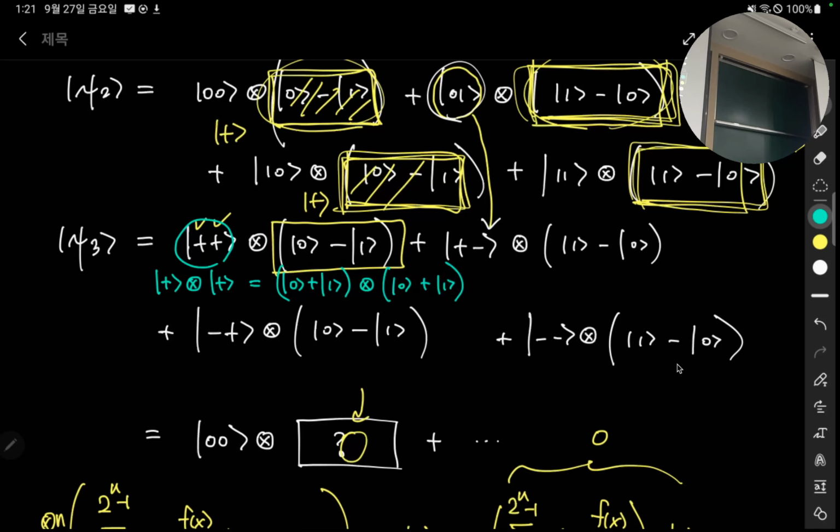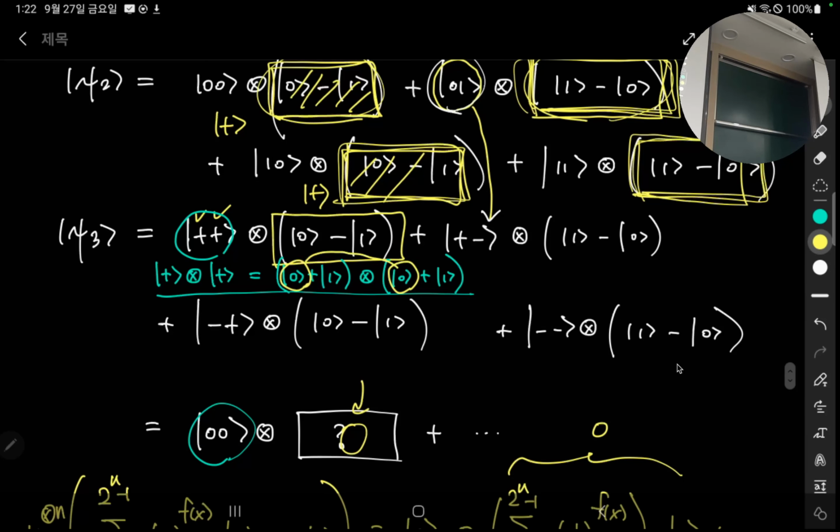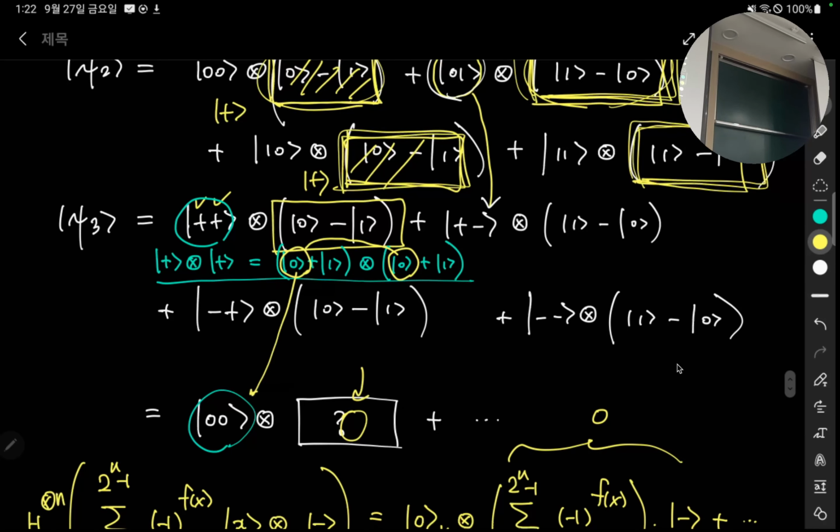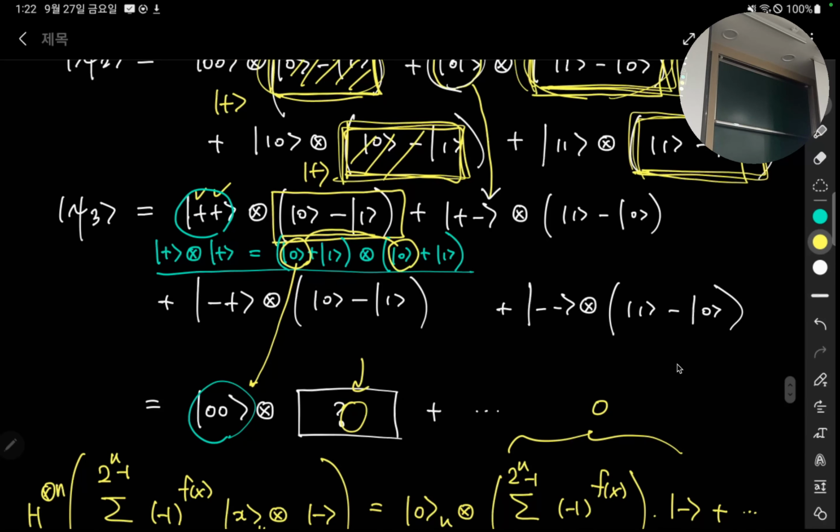Okay, so if I want this out of here, then I can take this one in my distribution law. If I take this multiplying or tensor product, then I get this. So what's in the output register? It's this.